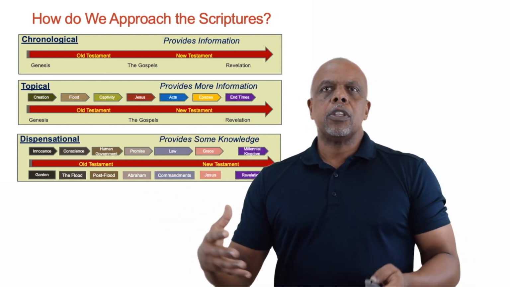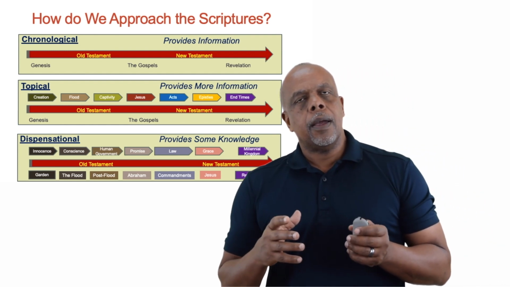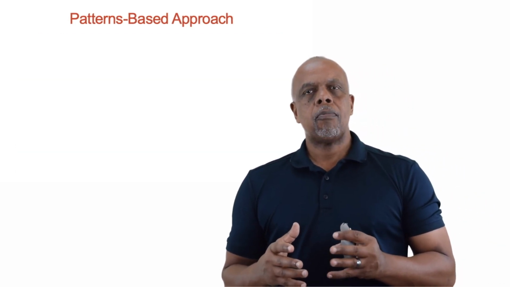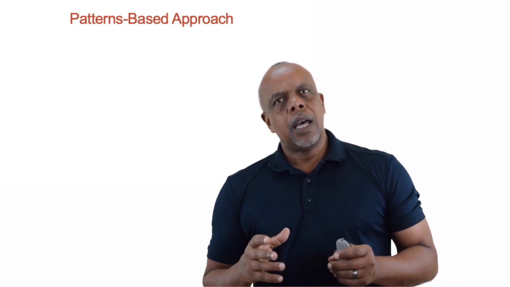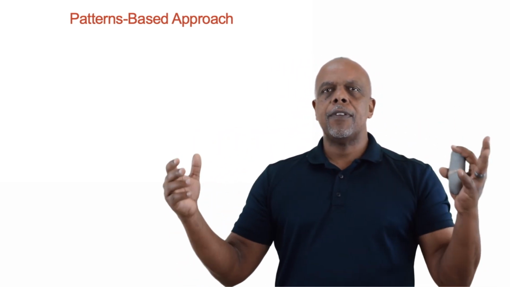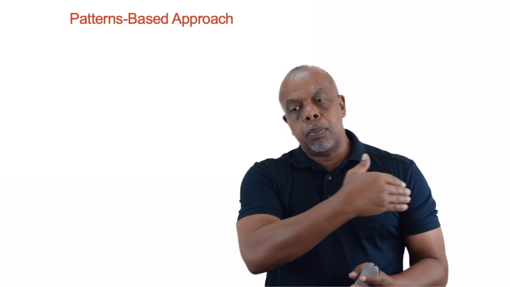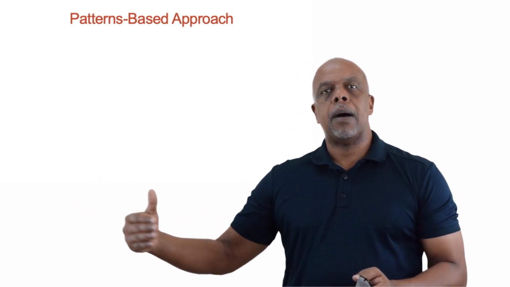We want to bring all these pieces together, and that's why I love the pattern-based approach. And what do I mean by patterns? You see, God established different patterns in nature, in the heavens, and these same patterns sometimes pull a thread throughout the Bible.